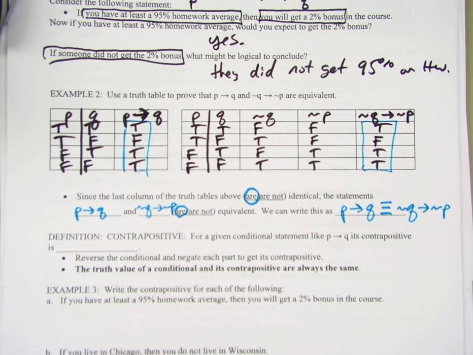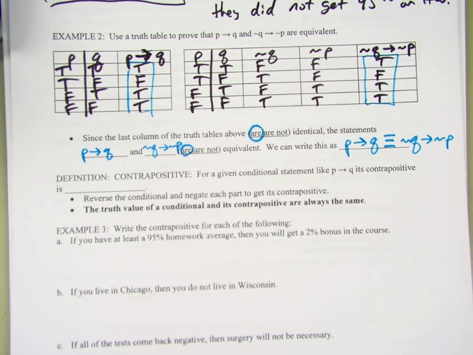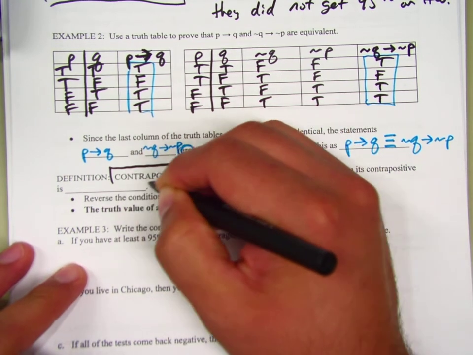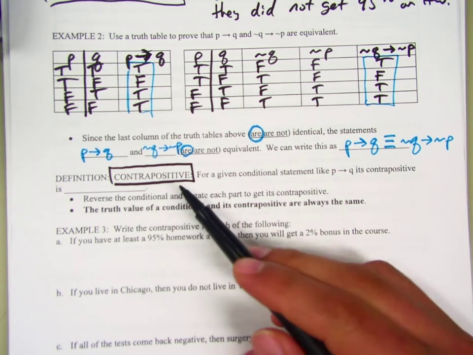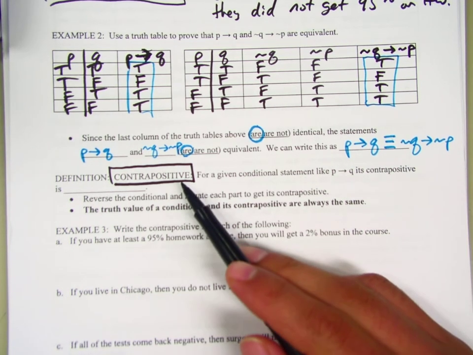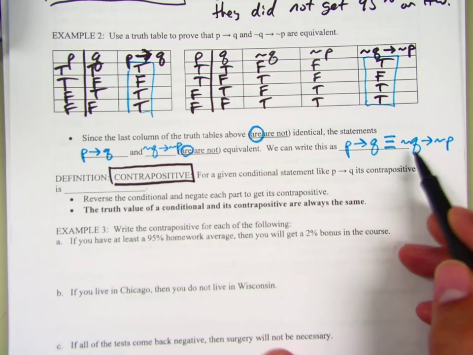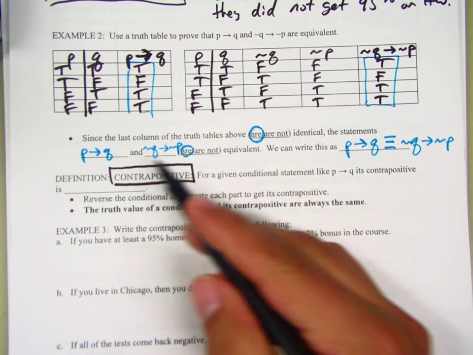And now this brings us to our first definition of the unit. Okay? And that is the contrapositive. Okay? A contrapositive is basically taking a conditional statement and then flipping the order and negating both parts. Do you guys see how we did that here? Yeah.